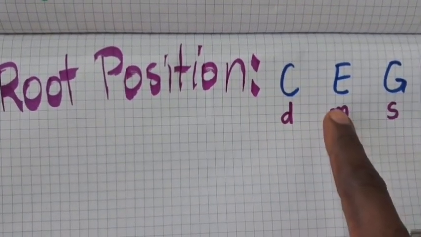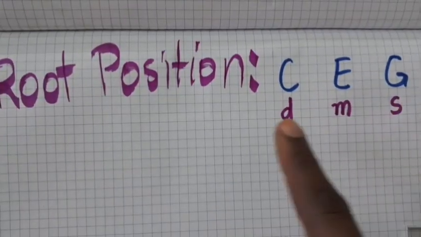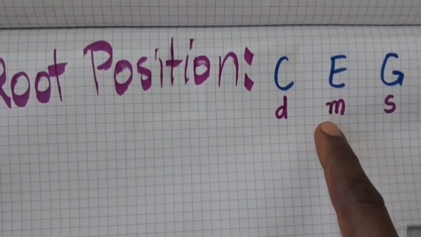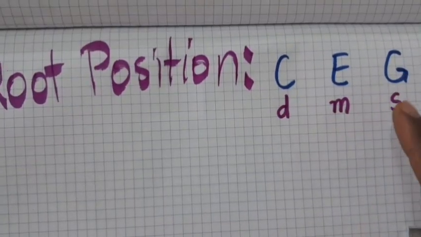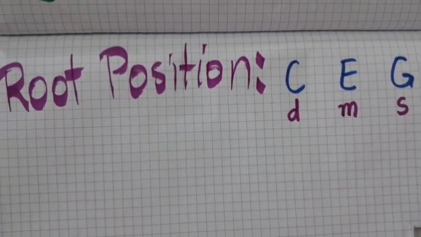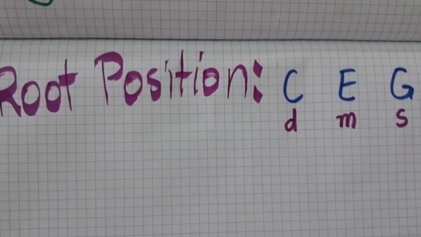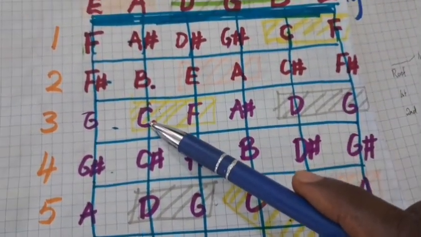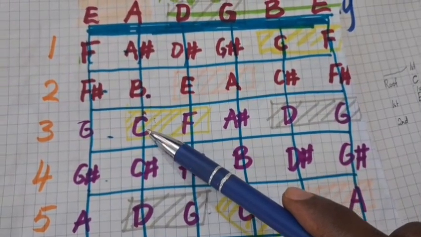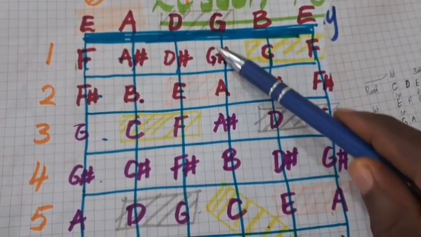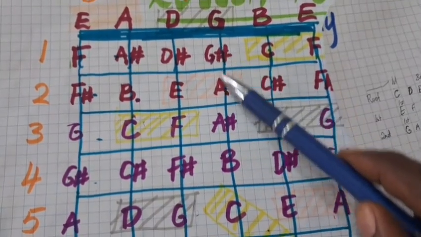C, E, G, where C is do, E is mi, G is so. Do, mi, so, the root. The same thing: do, mi, so is the open key here.